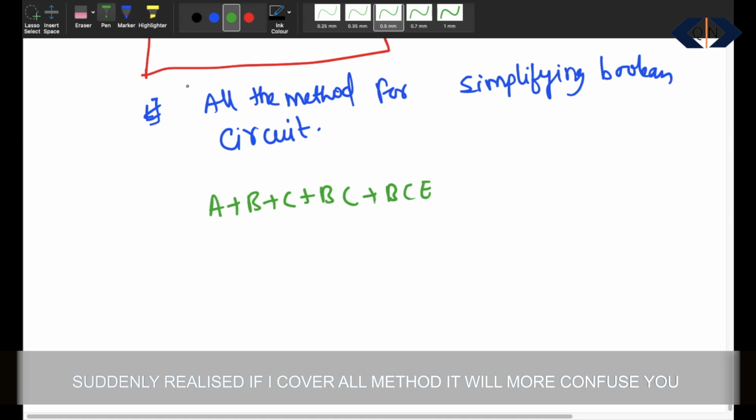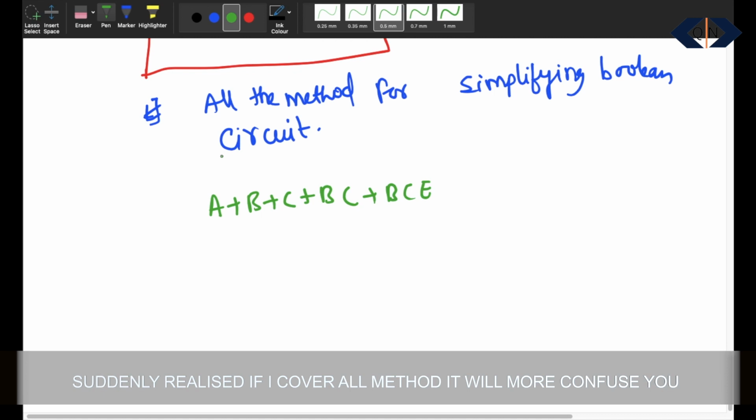Got it? Out of those methods, I will be covering two to three only, so that it will be easier for you to remember and implement, as all the other methods are not used most often, and you can learn them while using them also.